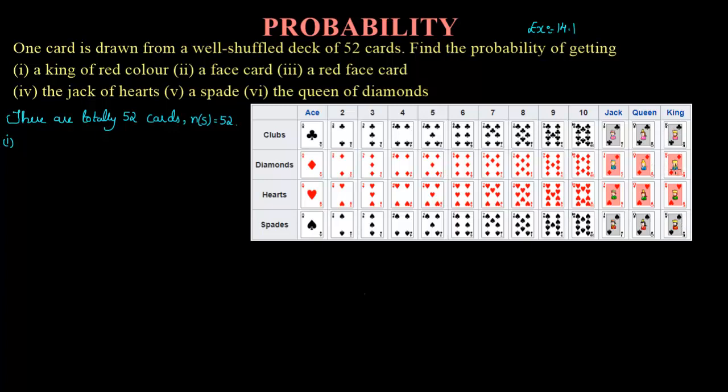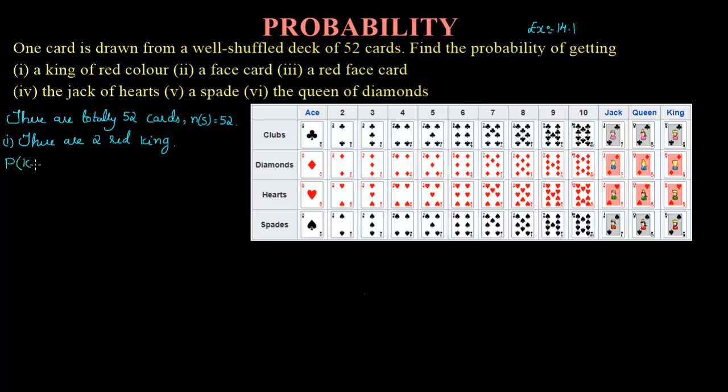So how many kings are there which are red in color? This and this, 2 kings are there which are red in color. So you need to mention that there are 2 red color kings, or red kings.